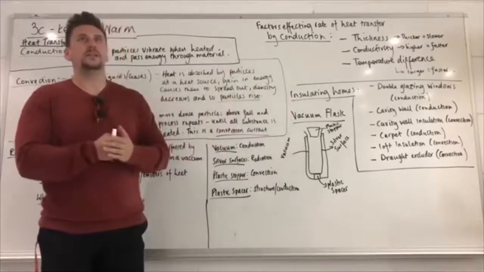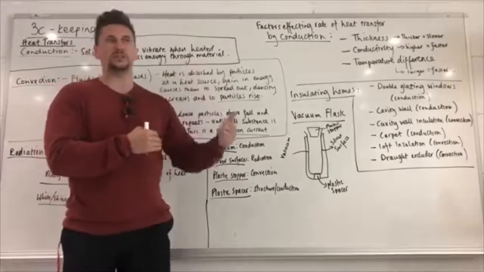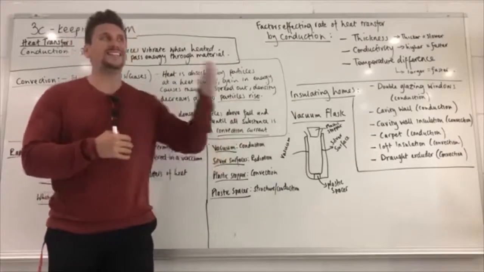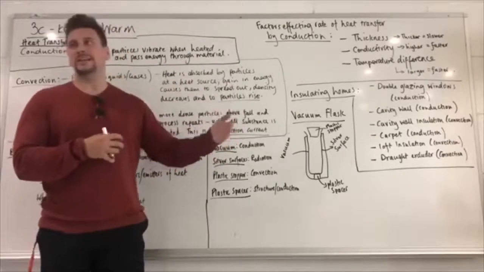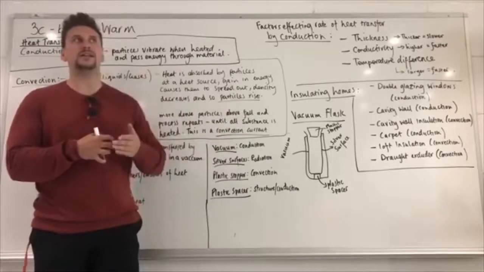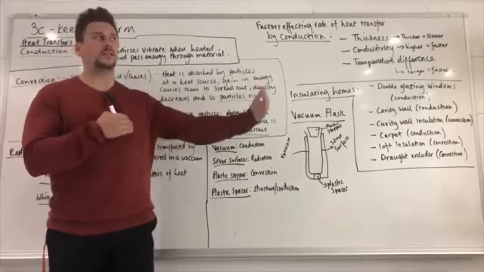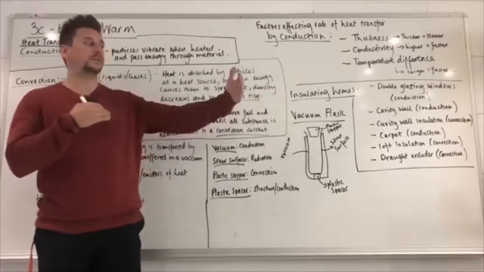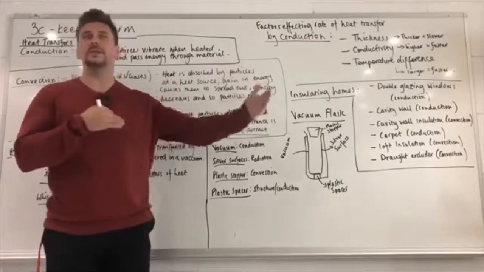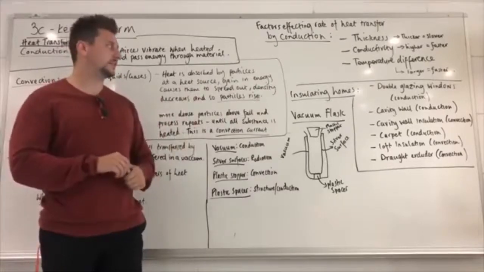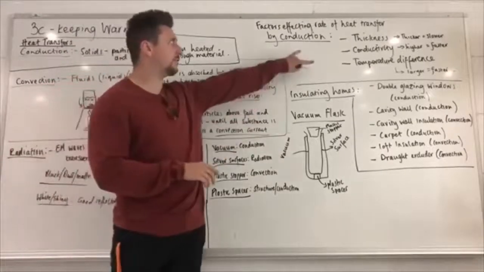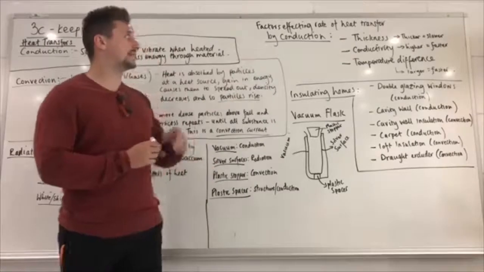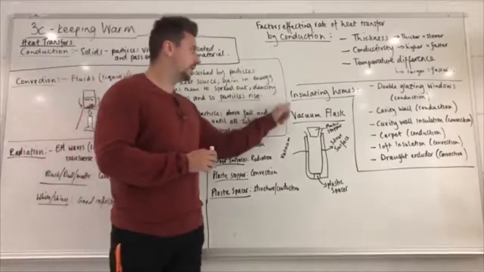But if you had 20 degrees inside the room and only 35 degrees outside, then actually the heat transfer wouldn't be as fast. So heat transfer from outside in, let's say, would be a lot slower than if the temperature difference between the two was much bigger. Okay, so the bigger the temperature difference between two places or two things, the faster the heat will be transferred. So those are the three factors that affect how fast heat is transferred by conduction.